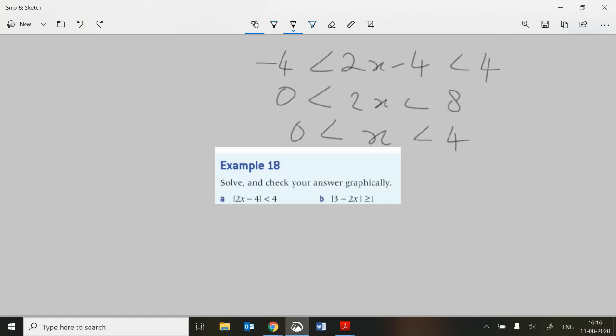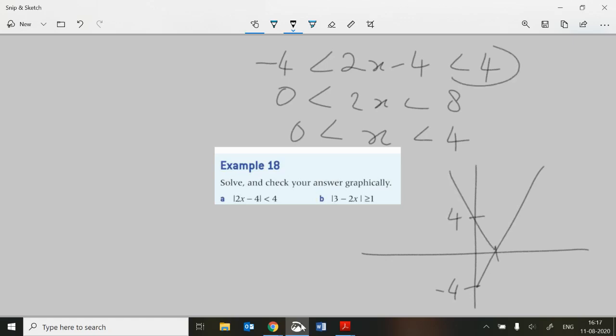Check it graphically. When you're doing this graphically, 2x minus 4 is going to cross at -4. It's going to go up in 2, so it's going to cross at 2 there, and so it's going to go like this. There's 4, saying this is going to be less than 4. Less than 4 is in the region from x is 0 to x is 4.